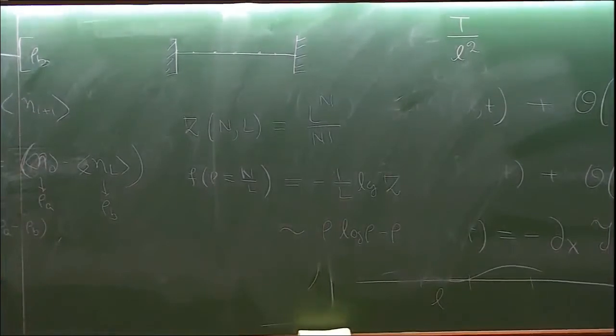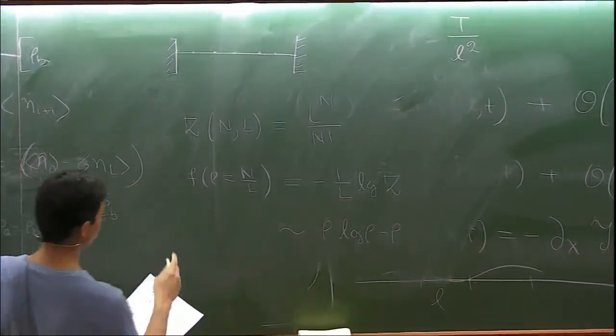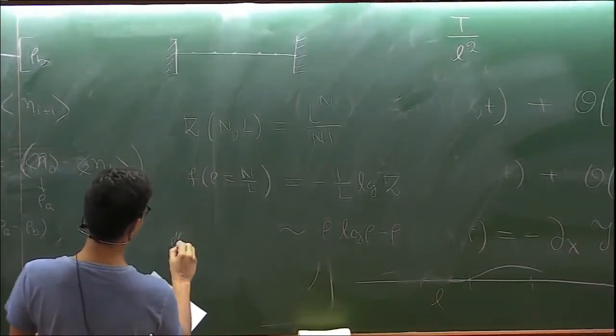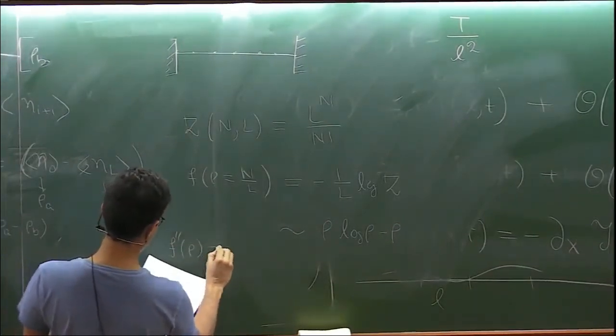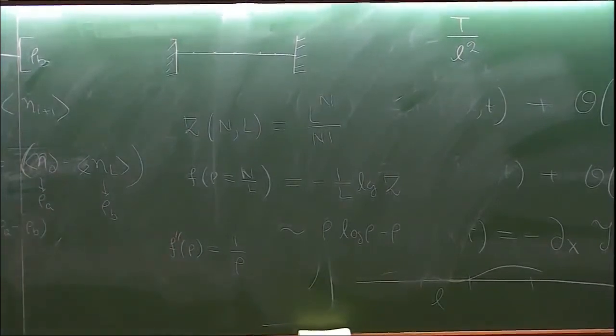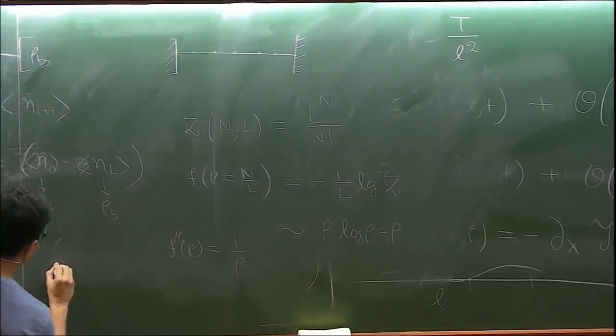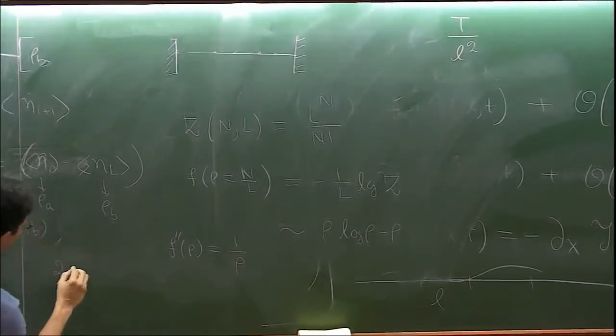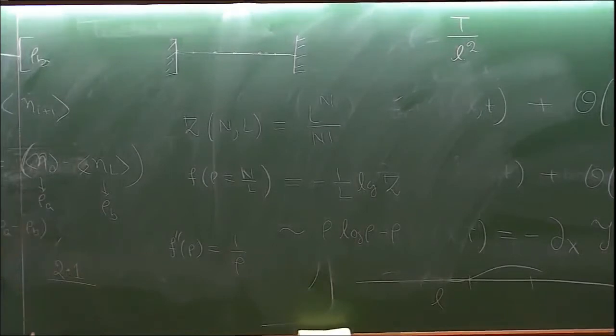Using Stirling's approximation, you will get this equal to rho log rho minus rho. Then if I take F double prime of rho, this would be simply 1 over rho. So if I use this relation, it tells me twice D is 1 over, with respect to the density.